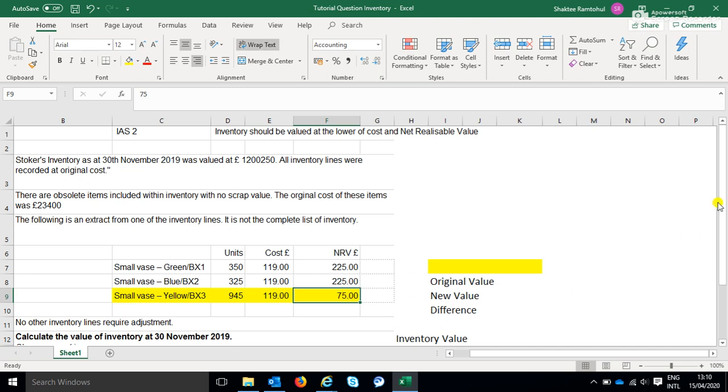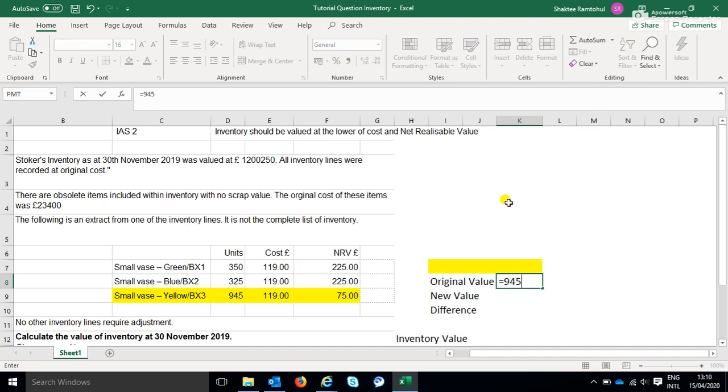Let's look at how we work this out. First of all, what is the original value of the stock level? We have 945 units, valued at 119 each. So right now the cost is 112,455. But we need to bring this down to its net realizable value.